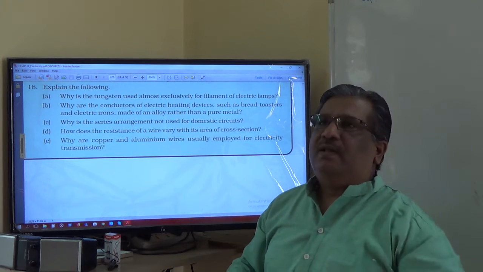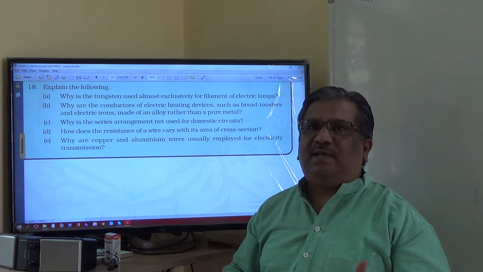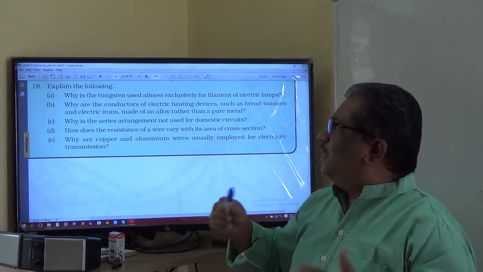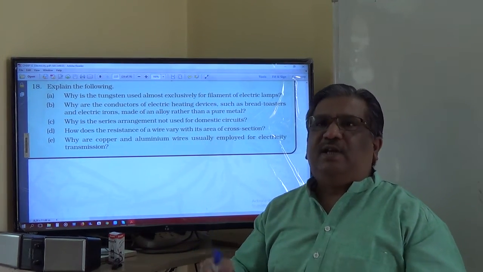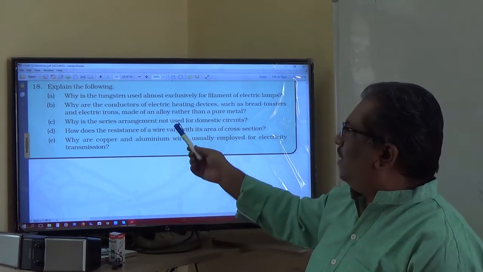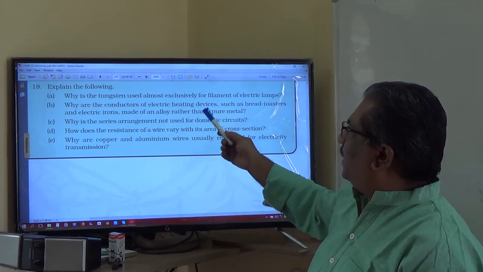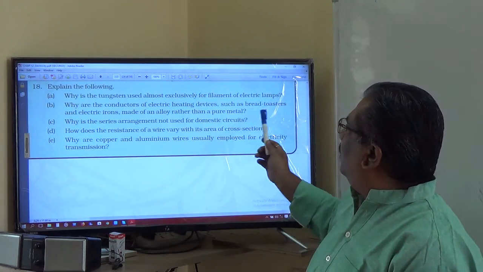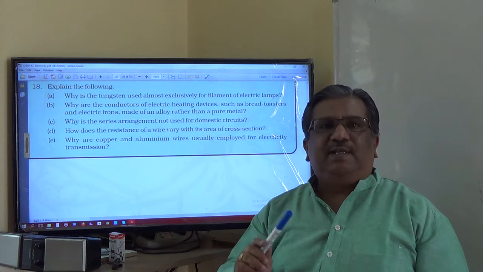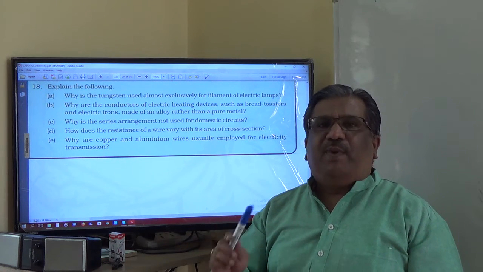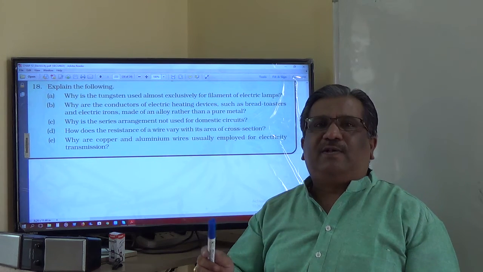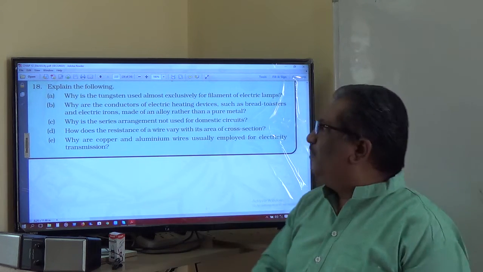First, the resistivity of the alloys is higher than the constituting elements, and second, these alloys generally do not oxidize easily. I hope you are understanding. The conductors of electric heating devices are made of alloys because their resistivity is high compared to the constituting elements, and they do not easily oxidize at elevated temperatures.